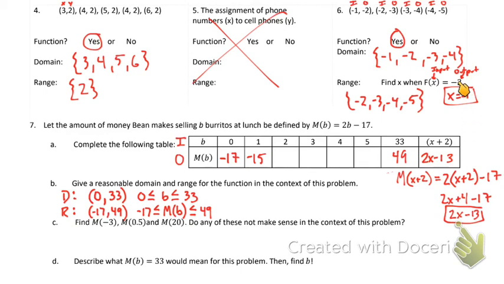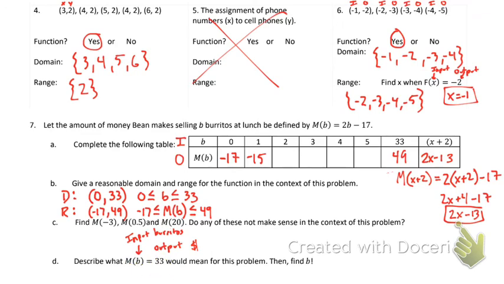They give us our output, but we need to find our input. In this particular problem, our output is the money he made. What we need to figure out is the B, the input. And in this problem, the input is burritos. So I want to know, how many burritos did he have to make in order to get $33? And that's what this describes.